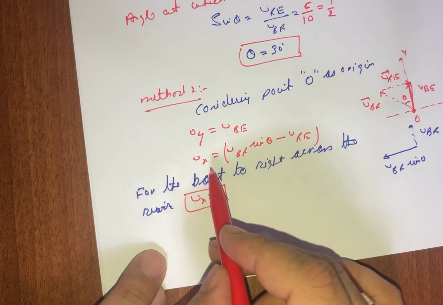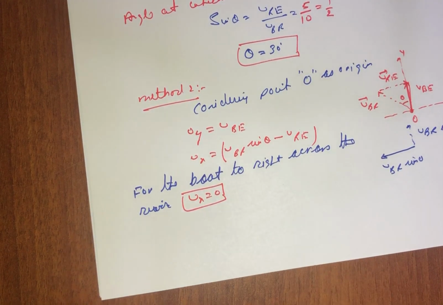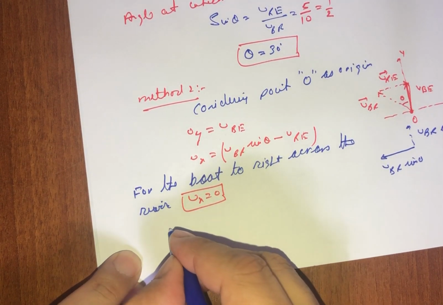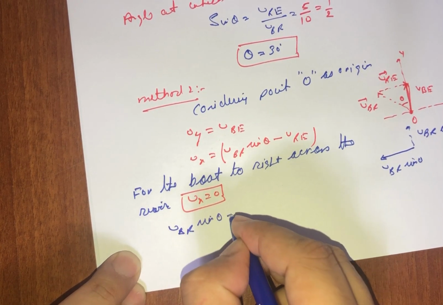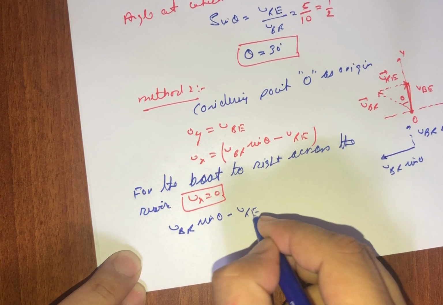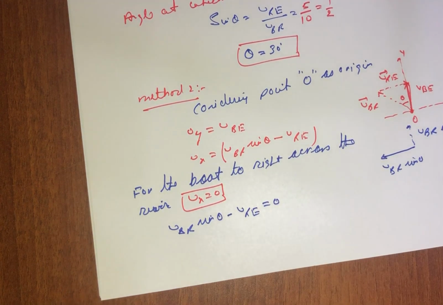If we put Vx as 0, we can write VBR sine of theta minus VRE equal to 0.